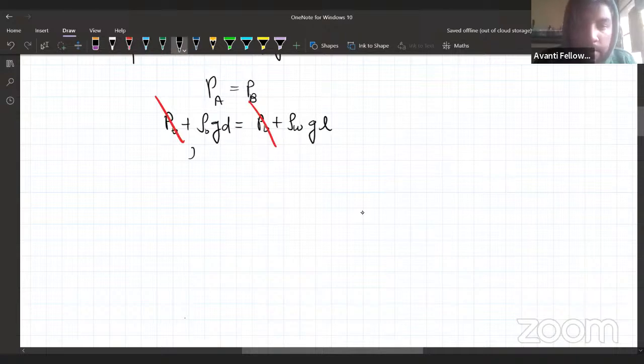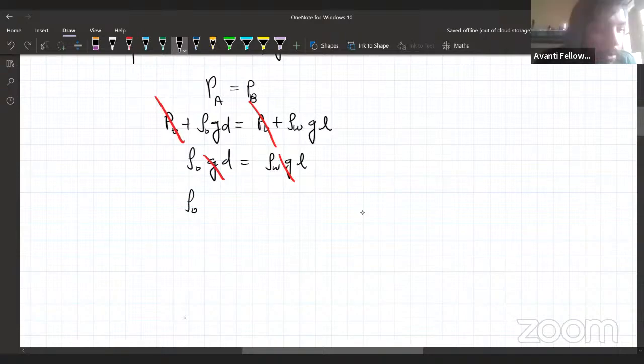So rho of oil into G into D equals rho of water into G into L. We can cancel out G as well. We have to calculate rho of oil, the density of oil, in the given question.